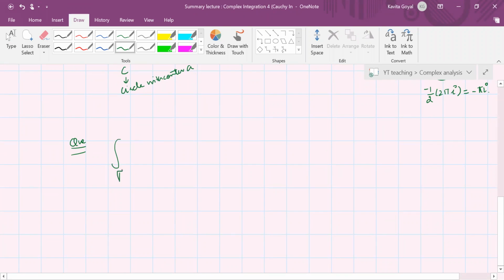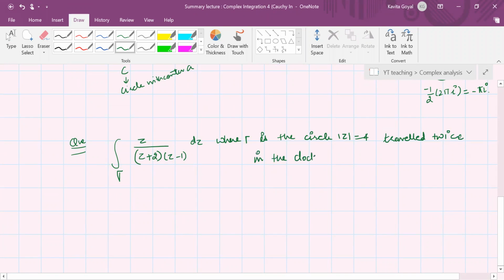We have to evaluate the integral of z upon (z plus 2)(z minus 1) dz, where gamma is the circle mod z equal to 4 traveled twice in the clockwise direction. You have to take care here, the direction is also clockwise.